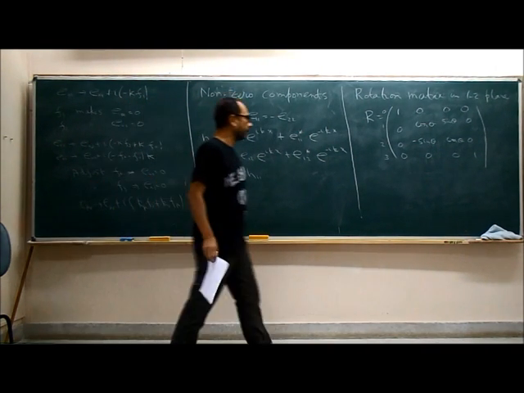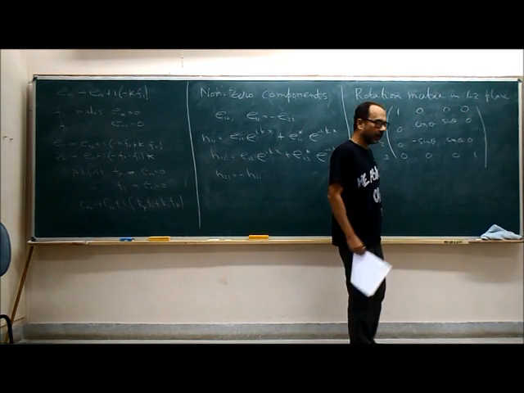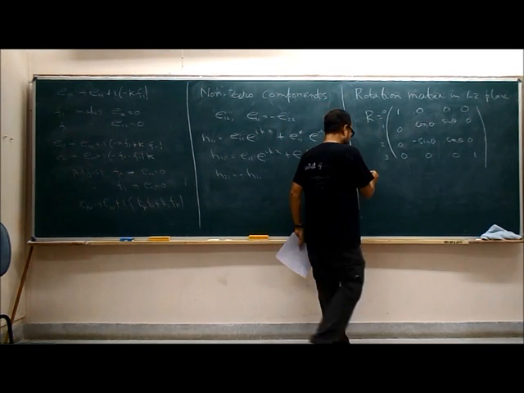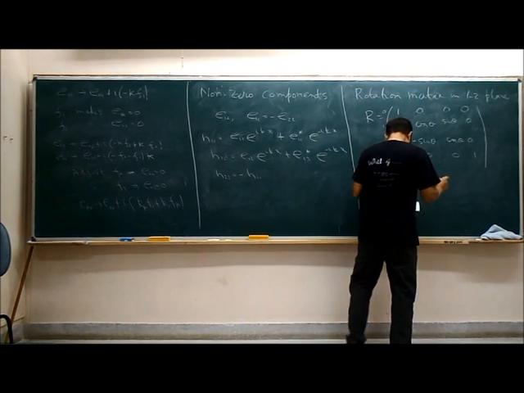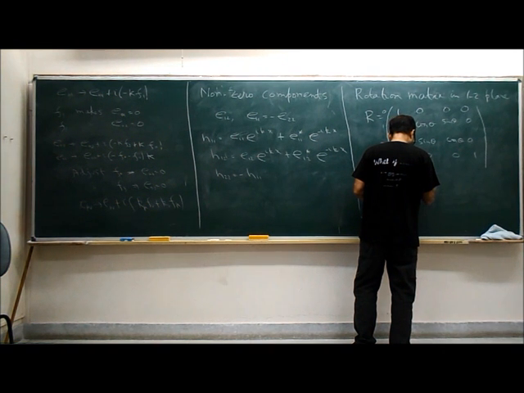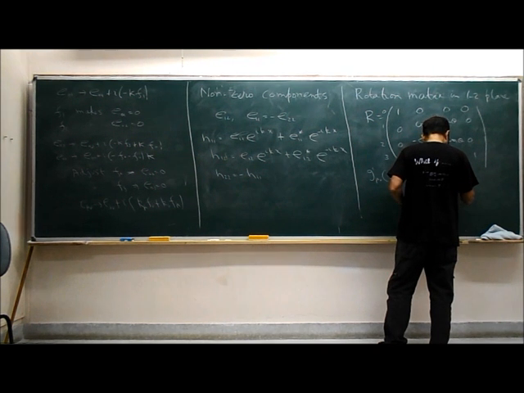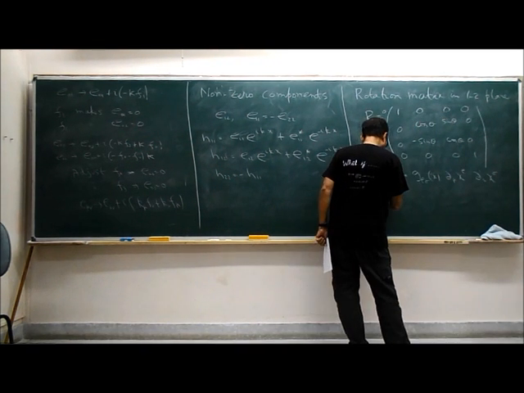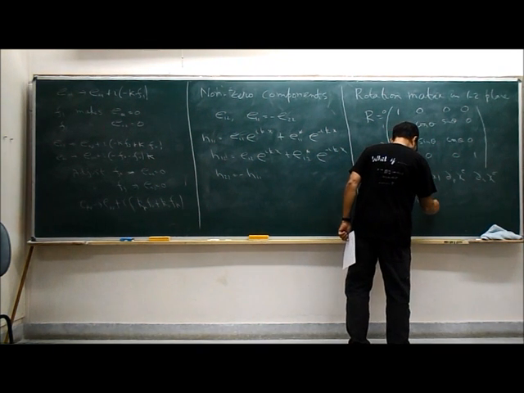So if you want to know how a general metric, not eta mu nu, transforms under the rotation group, we can use the same formula, that g prime mu nu of x prime is g rho sigma of x times del prime mu x rho del prime nu x sigma, where x prime and x are related by the rotation matrix. x prime mu is R mu nu x nu.